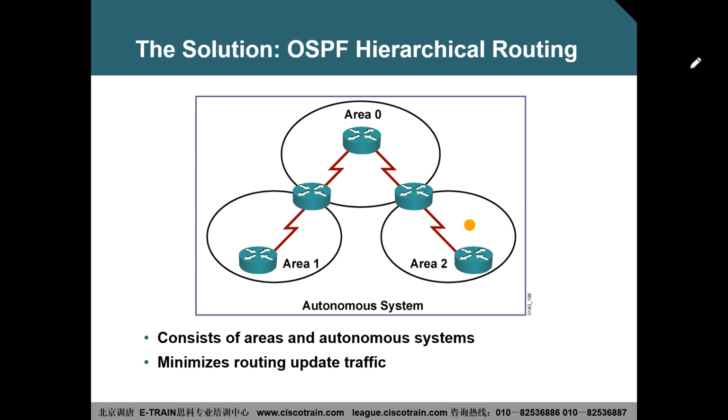And the router that receives the update will need less CPU, less memory and less buffer to process and to use in the routing table. So we need the areas. We need this hierarchical routing.